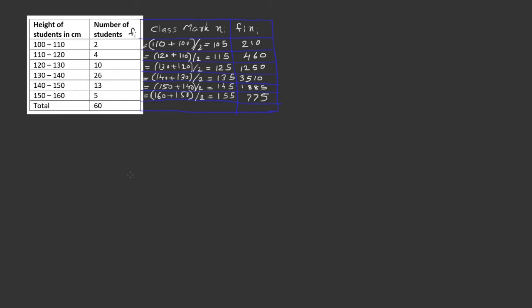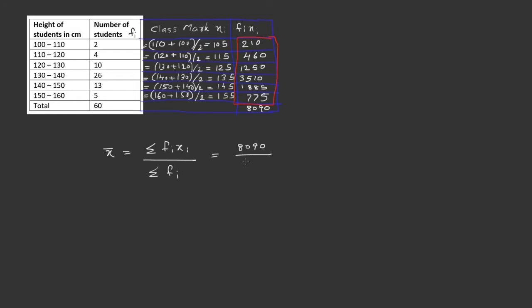775. We know the equation for x bar, the mean, is equal to sum of fi xi divided by sum of fi. Sum of fi xi is the sum of all these values, that we can calculate as 8090. So I can write 8090 divided by sum of fi.